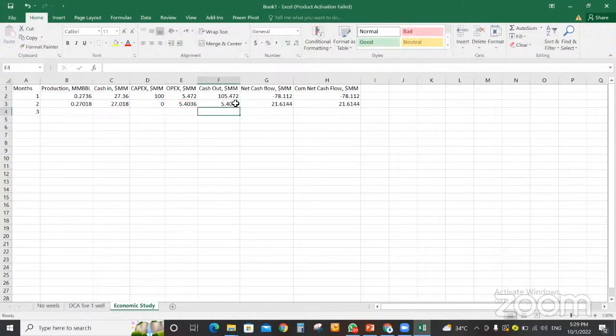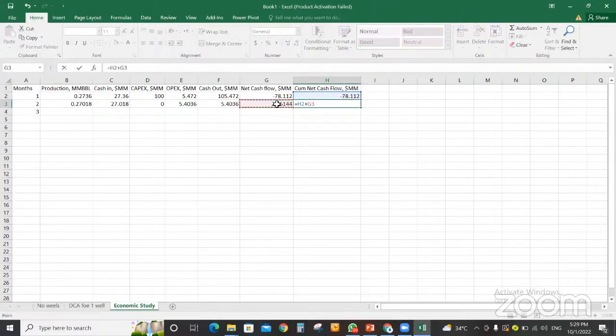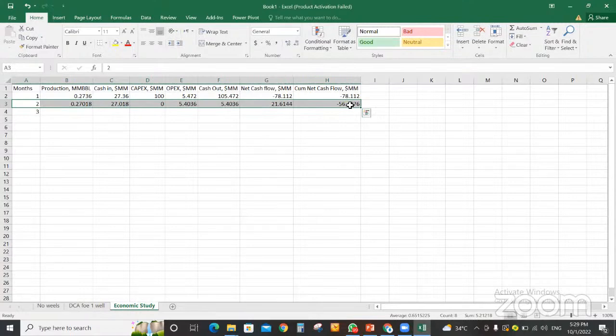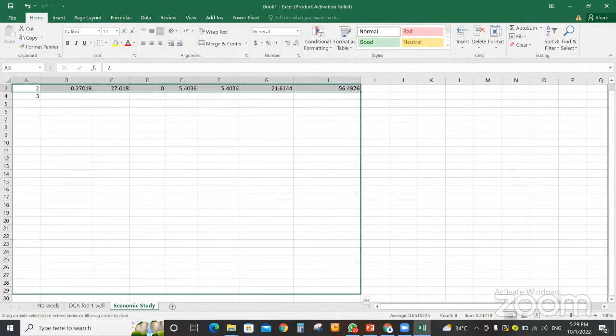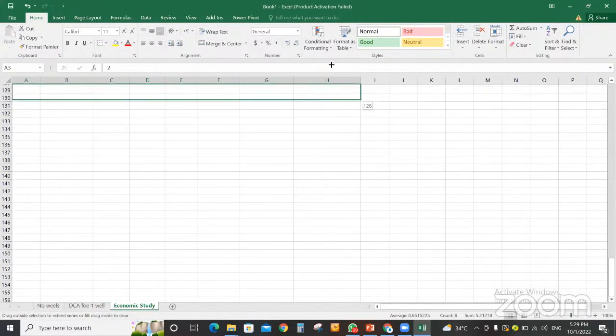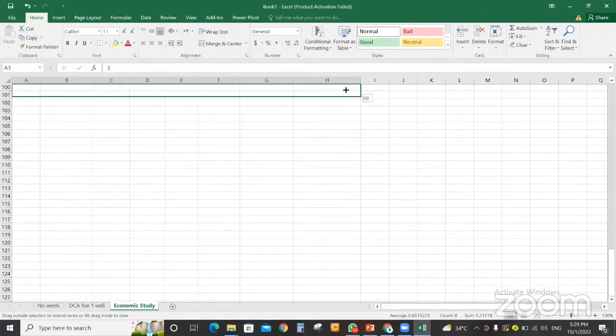Then the cash out and the net cash flow, and the cumulative here will be equal to the cumulative at the first month plus the net cash flow at the second month. Let's drag until 65 years.